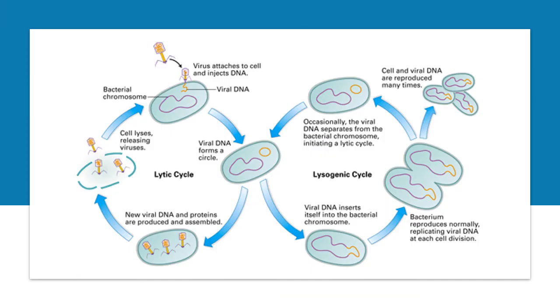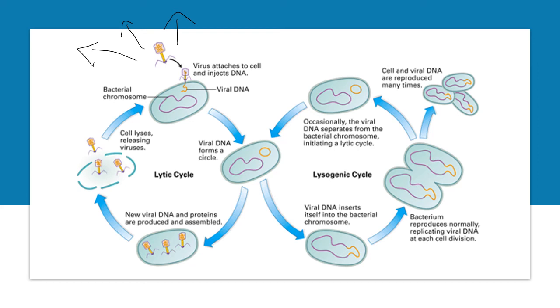Okay, I like this picture to show kind of the cyclic nature of the lytic and the lysogenic cycle. The fact that you have this idea that the lytic is the one that is really exploding out the viruses, right? But the lysogenic cycle just keeps going dormant and dormant. Here, yellow in this case is the viral DNA and the purple is the bacterial DNA.